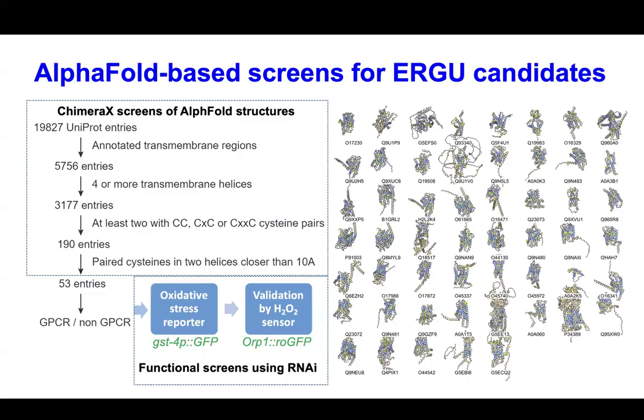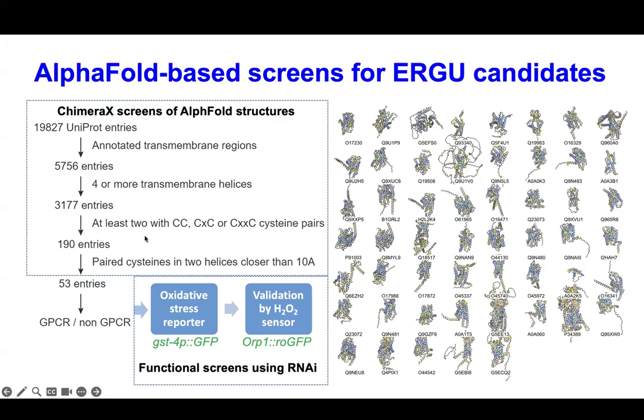So this is basically a snapshot of what we got initially from the computational screen. We started with more than 19,000 UniProt protein entries with annotated transmembrane region. We ended up with more than 5,000 proteins. And if we restrict the criteria for the protein with four or more transmembrane helix structure, we got more than 3,000 candidates.